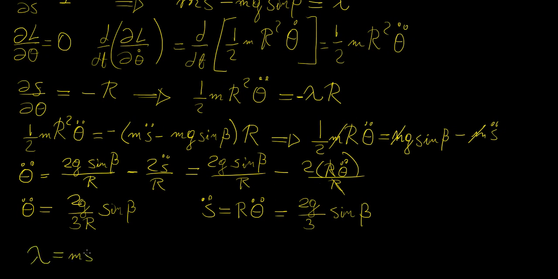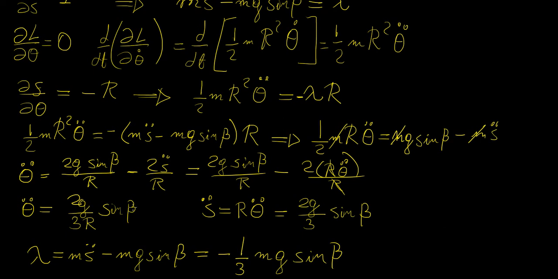So we have ms double dot minus mg sine beta, and you can do the substitution there, and this is going to give you minus 1/3 of mg times sine beta. So this is essentially the value that is going to be related to those two components.